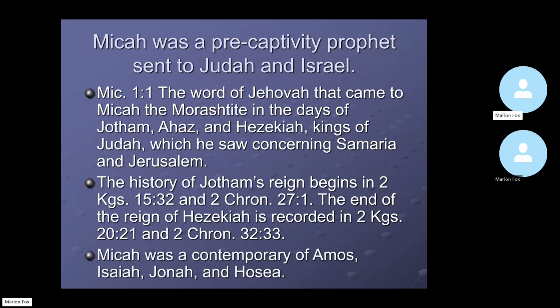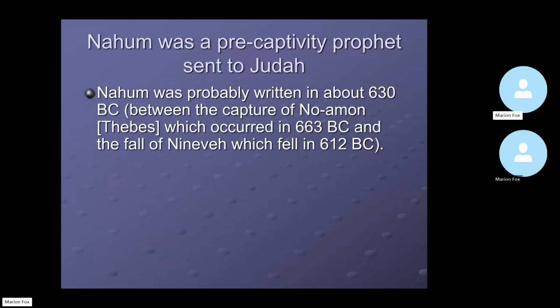Now, Micah was also a contemporary of Amos, Isaiah, Jonah, and Hosea. So let's look at Nahum right now. Nahum was a pre-captivity prophet sent to Judah. Nahum was probably written in about 630 BC, between the capture of No-Amon, Thebes, which occurred in 663 BC, and the fall of Nineveh, which fell in 612 BC. We get some of this information from the book itself.